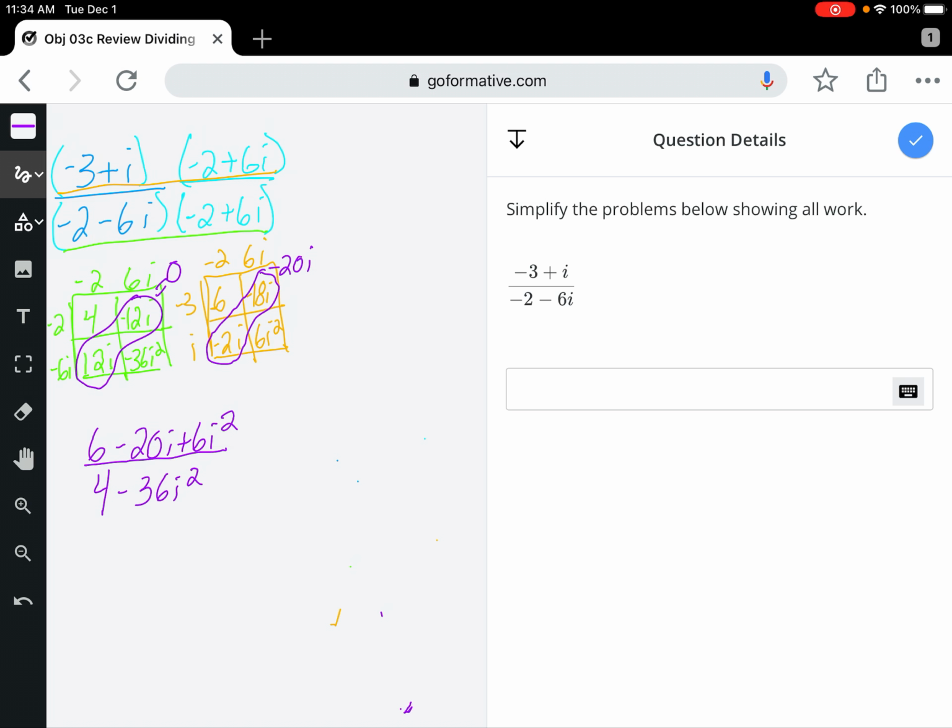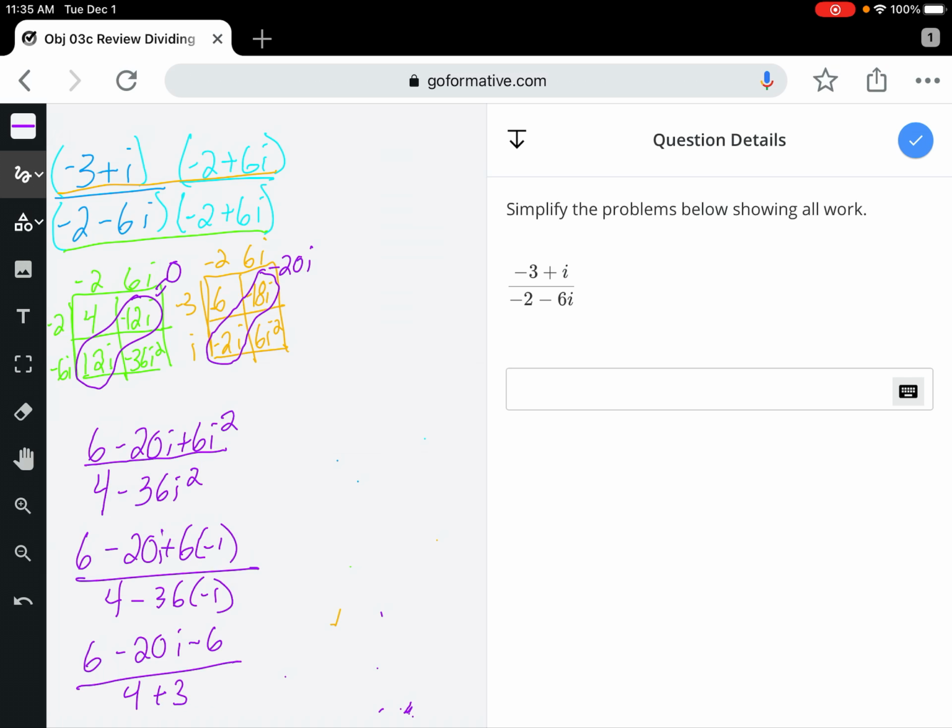So I replace my i squareds with negative 1. So this is going to be 6 minus 20i minus 6 over 4 plus 36.